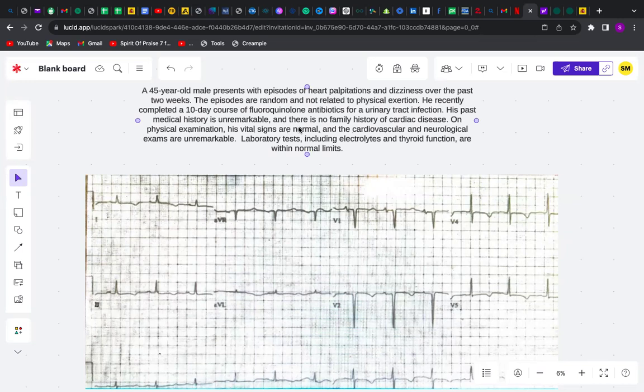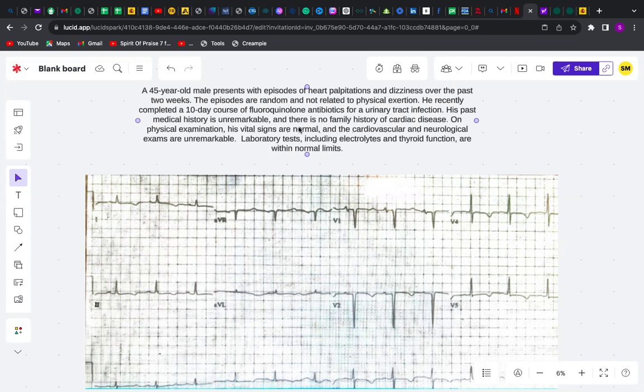He recently completed a 10-day course of fluoroquinolone antibiotics for a UTI. His past medical history was unremarkable, there was no history of cardiac disease, vitals were normal, and cardiovascular and neurological examinations were also unremarkable.